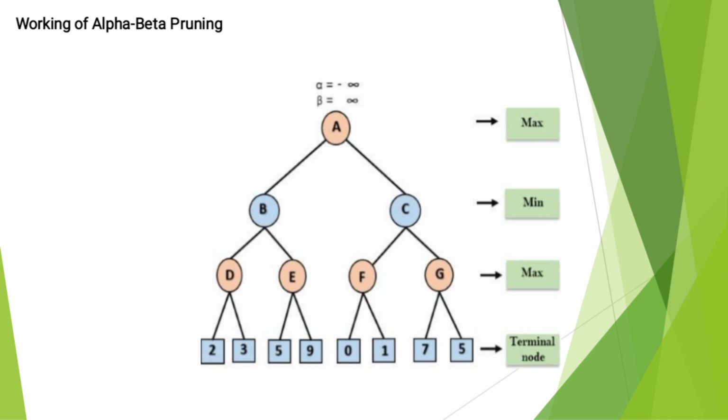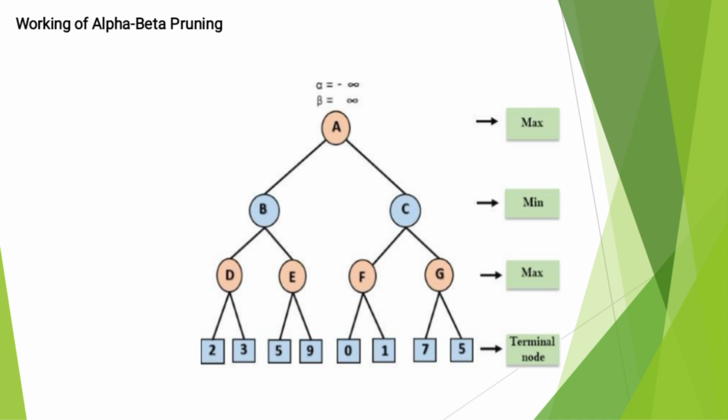The working of alpha beta pruning. This is the tree structure. In the root node, alpha is equal to minus infinity, beta is equal to plus infinity. That is the maximum level. Then the next is minimum level, the next is maximum level, and the final is the terminal node.